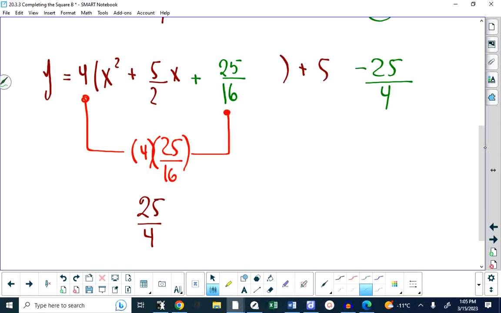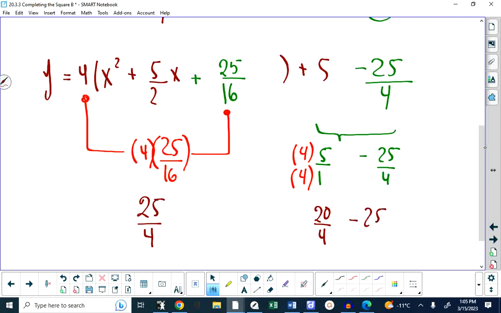Let's work out what that is. 5 is 5 over 1 minus 25 over 4. I can't subtract things unless their denominators are the same, so I'm going to multiply top and bottom by 4 and get 20 over 4 minus 25 over 4, which gives me negative 5 over 4.